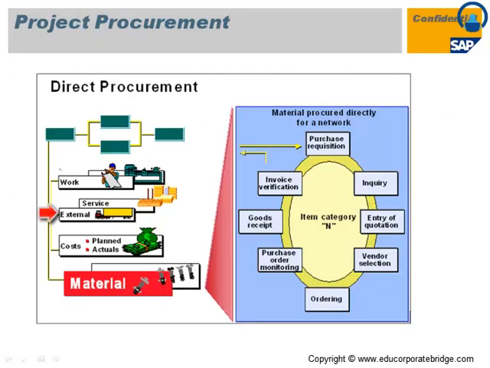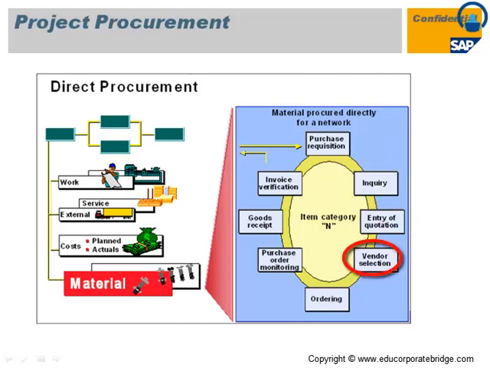You have to assign a material for the external activity or a general cost activity, where you need to procure that particular material. So material procured directly for the network starts with creating a purchase requisition. Against that purchase requisition, in the module there is an inquiry, then the quotation, then entry of the quotation.